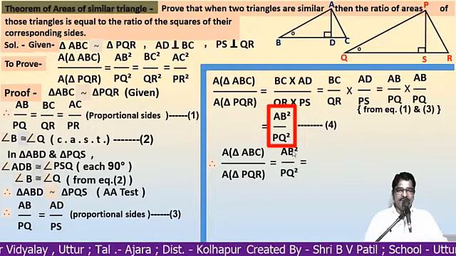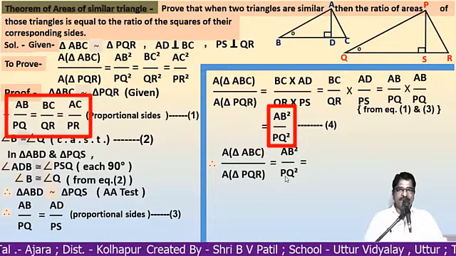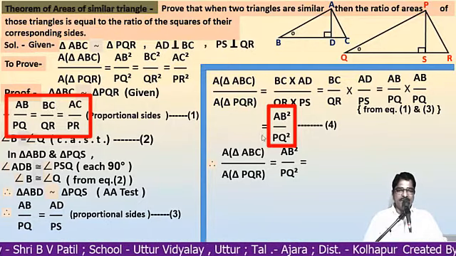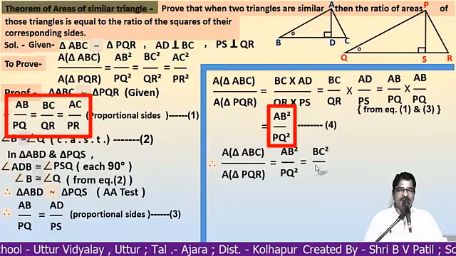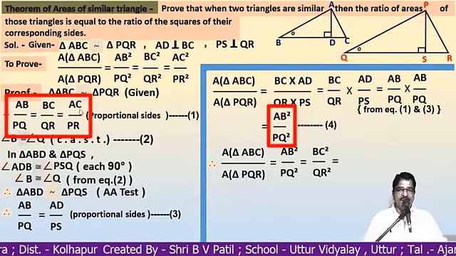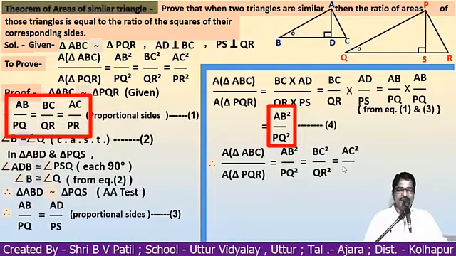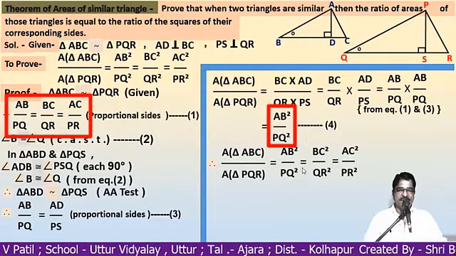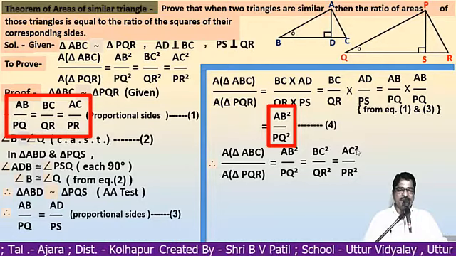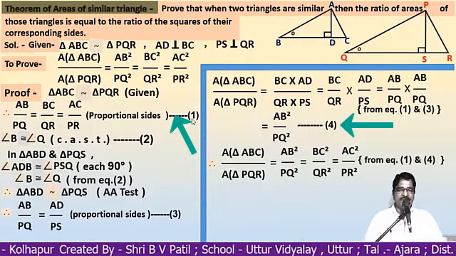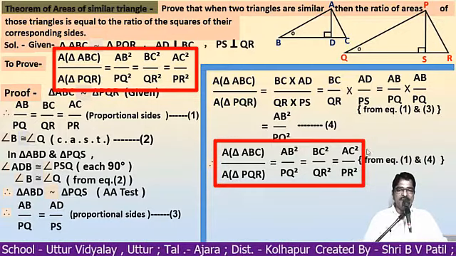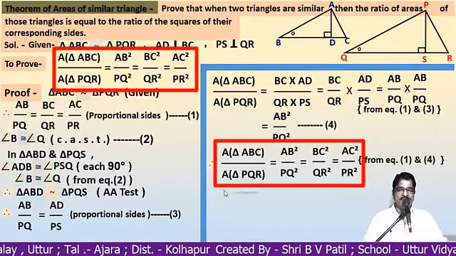In place of AB upon PQ, what we write here, AB upon PQ is equal to BC upon QR, means BC square divided by QR square, is equal to, in place of AB upon PQ we write AC upon PR, means AC square divided by PR square, because square is present here, and the value of AB upon PQ we substitute as BC upon QR and AC upon PR. Those values we substitute from equation 1 and 4, we write conclusion, and this is to prove, hence the proof.